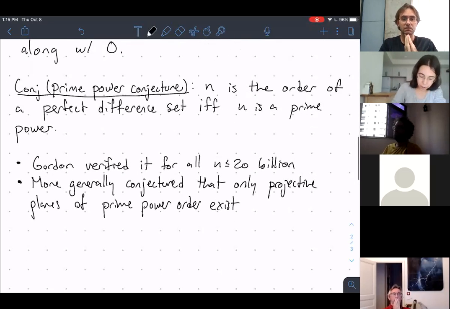And Singer conjectured, in the same paper that he constructed these perfect difference sets in, that all perfect difference sets of prime power order basically look like the ones he constructed.